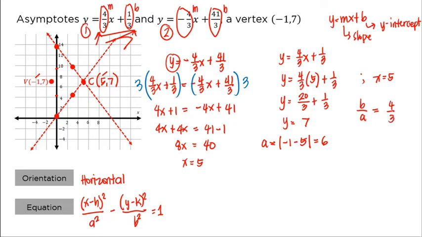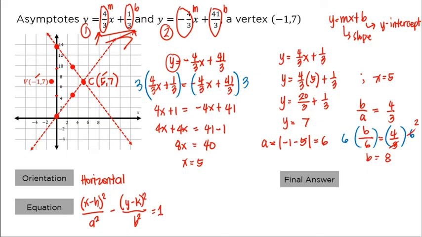So since we have a which is 6, substituting, we have b over 6 equal to 4 thirds. We can now solve for b. I will just eliminate 6 here, so b is equal to, this is 2, so 2 times 4 is 8. So we now have the value of b, which is equal to 8.